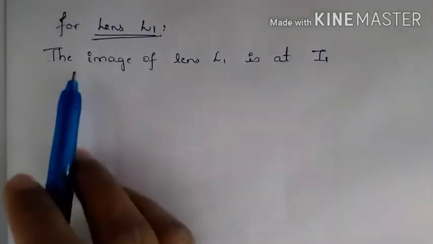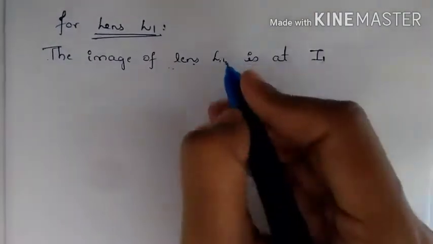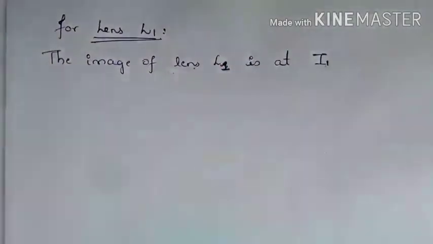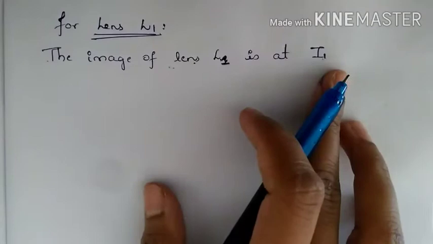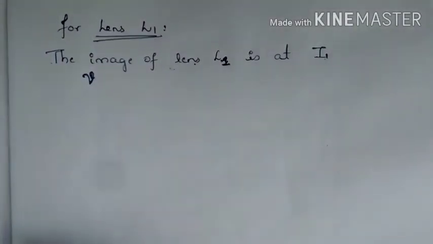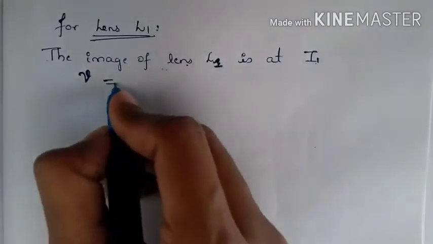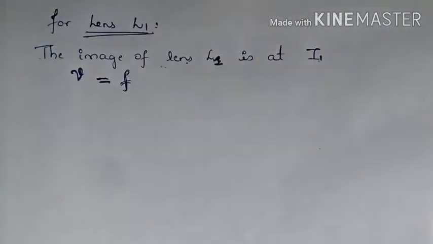So this I have shown in the figure. So L1 here means the field lens. So the image of this lens is at I1. So V, or the image distance, is F, because the image is formed at infinity.